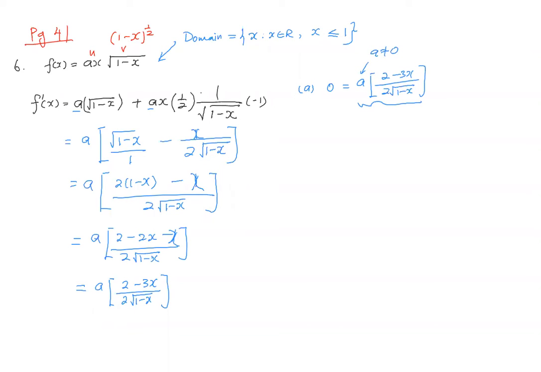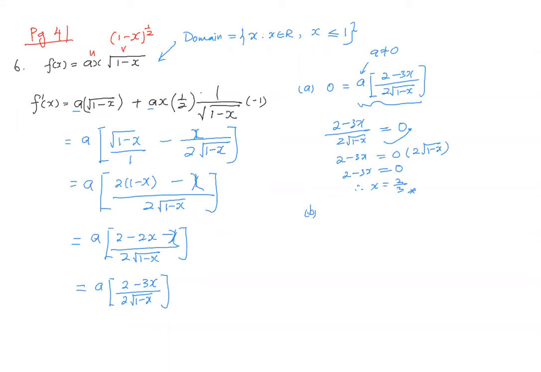So that means my 2 minus 3x over 2 root 1 minus x must be equal to 0. So I cross multiply, so 2 minus 3x equals 0. Therefore x is equal to 2 over 3. Done for part A.